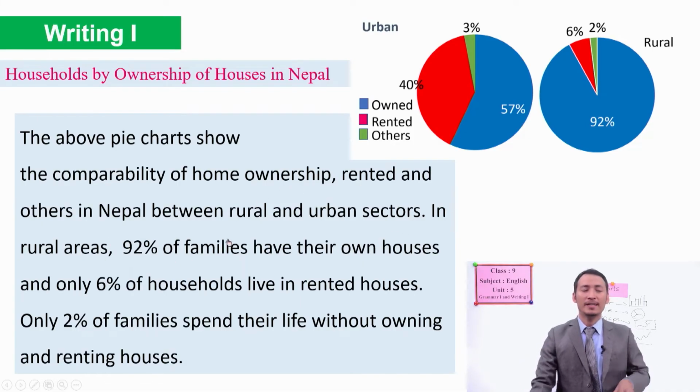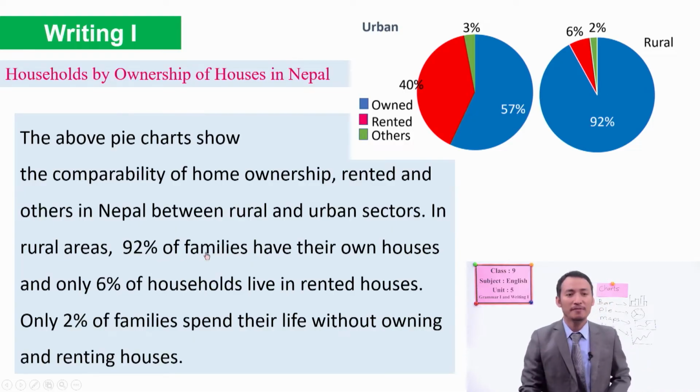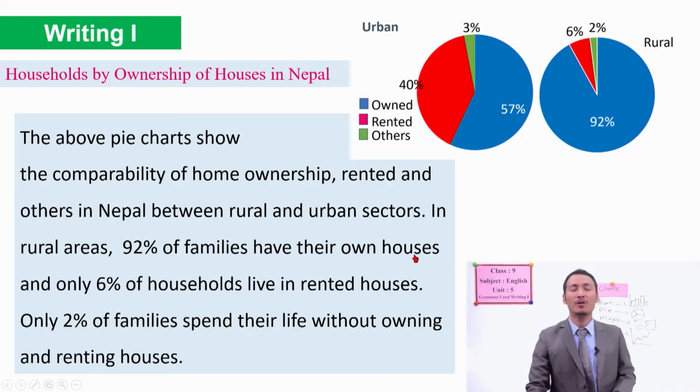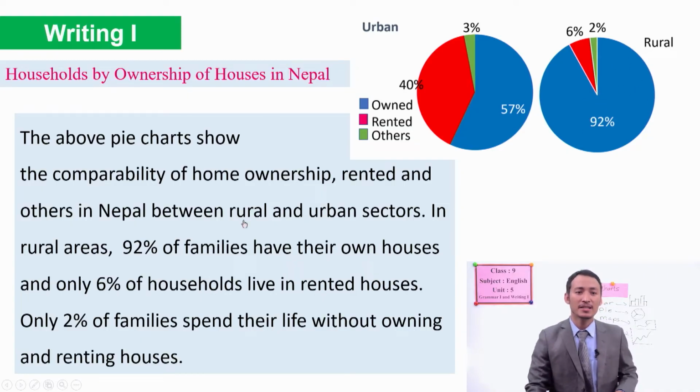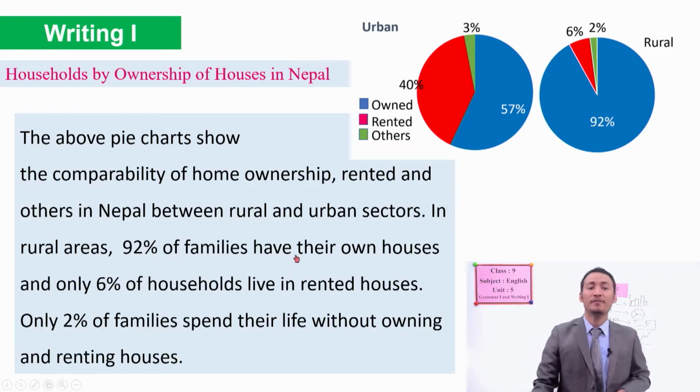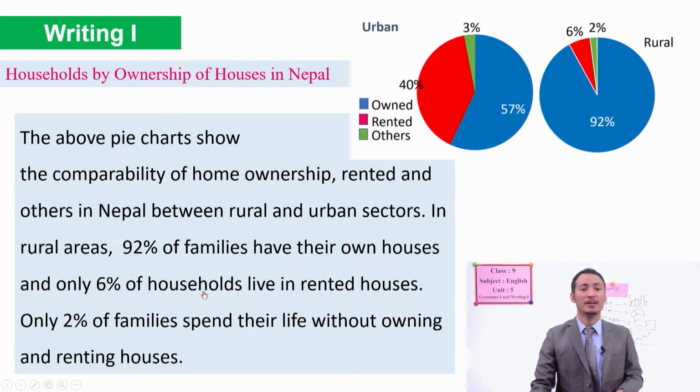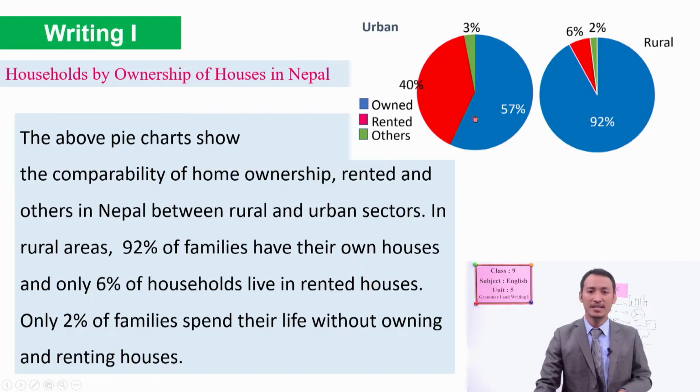In rural areas, 92% of families have their own houses. Can you see here? Yes. And only 6% of households live in rented houses.